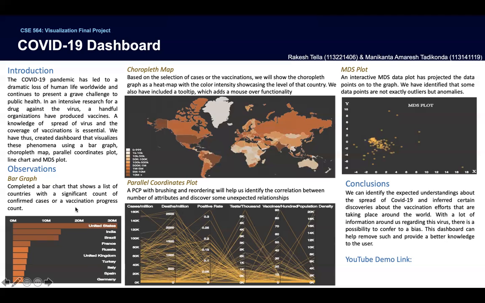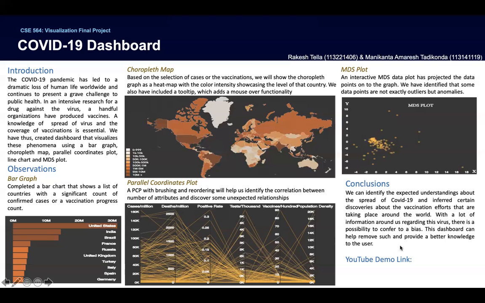With this bar graph, we are showing the information about different countries, each country represented by a bar, and the count representing either the number of cases or the total number of vaccinations for the country. The choropleth map is also a heat map, with the density of the color indicating the number of either the cases or the vaccinations for that country.